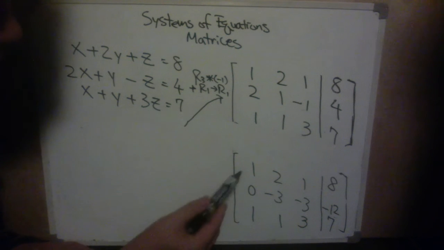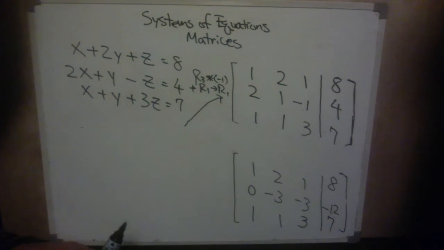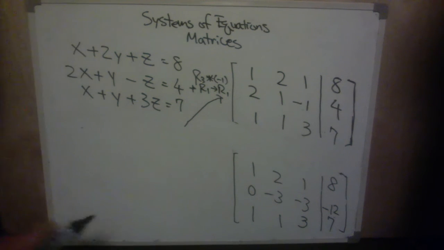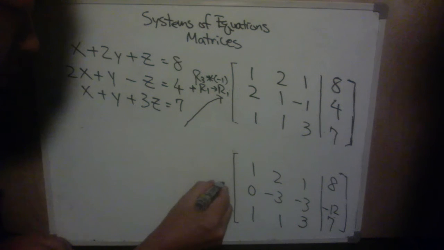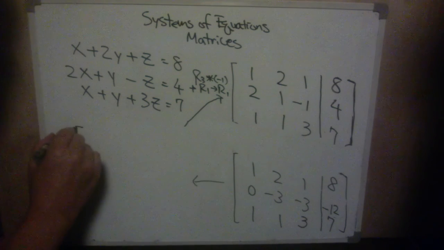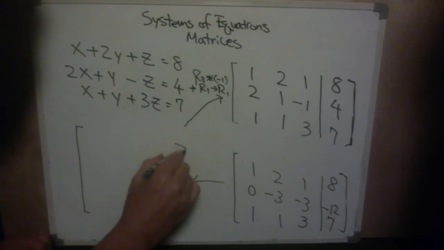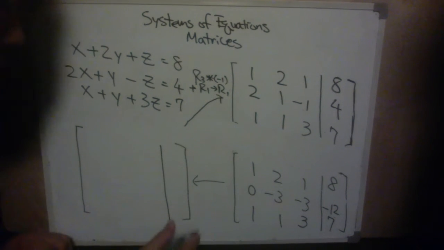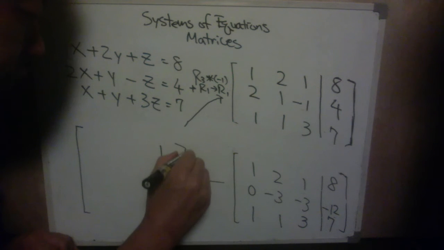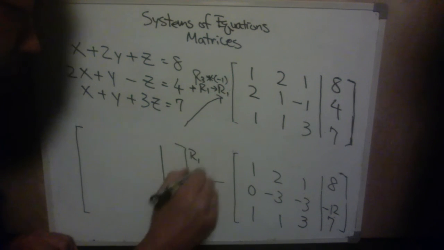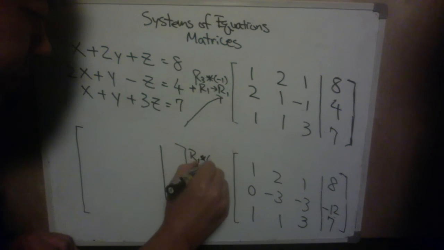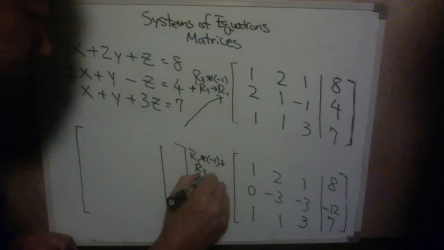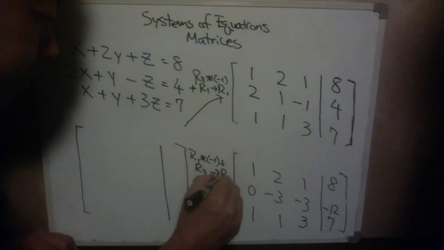So I got 1 here and I got 0 here. The next thing I want to do is make this 1 at the bottom equal to 0. So I'm going to get a matrix here. What I want to do is take row 1, multiply it by -1, and add it to row 3, and that's going to be my new row 3.